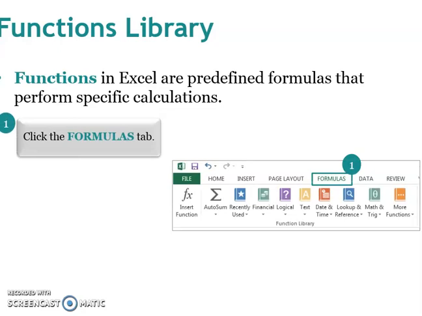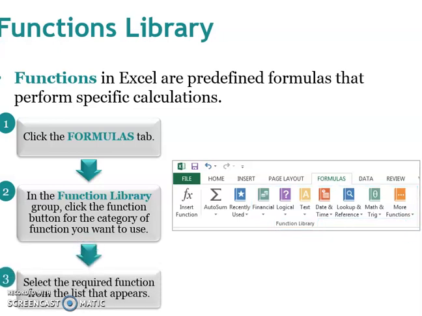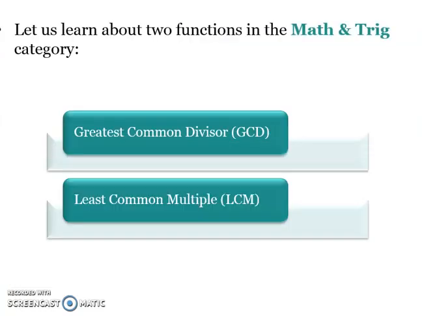In the Formula tab, when we click on the Formula tab, there are a lot of functions. There is the function library. In the function library, there are a lot of functions you can perform, and for the function which you want, just click on your required function. Let's learn two functions in the Math and Trig category.